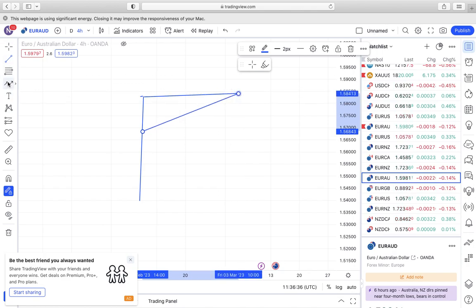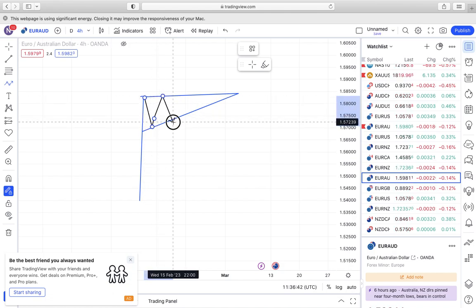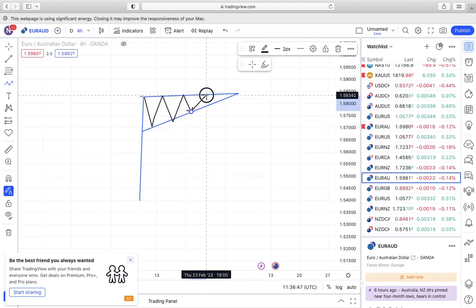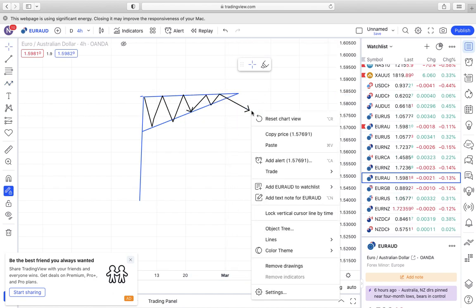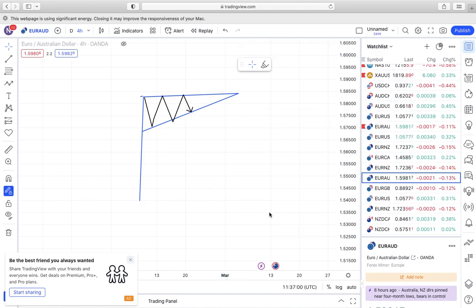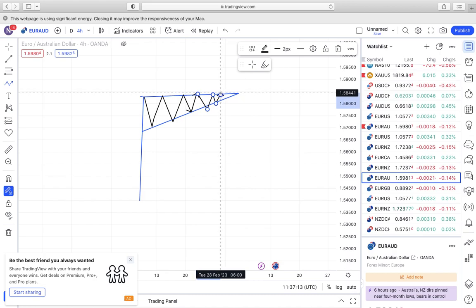It means this market has been forming some formations, as you can see. Now this is what we call the ascending triangle. I hope you can see it very well.